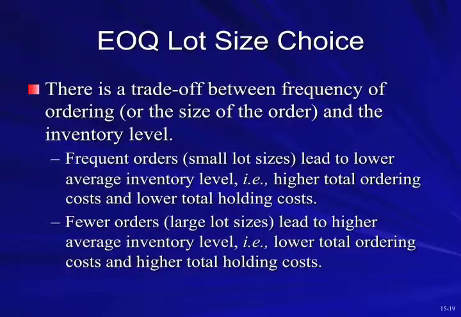There's a trade-off between frequency of ordering and inventory levels. Sometimes you say, well, maybe we're better off keeping our inventory down and ordering more often. Or sometimes you take the EOQ route and say, well, let's optimize the cost of an order and balance that against the cost of carrying it in inventory.